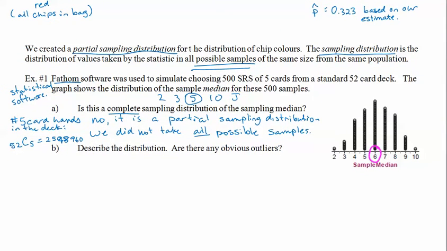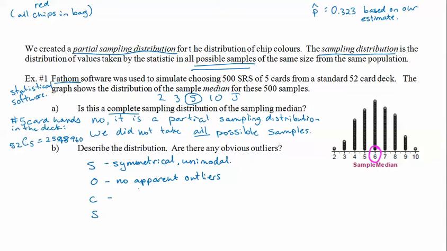So describe the distribution. Are there any obvious outliers? So we will do SOCS. S: it is symmetrical, and it is unimodal. O: there are no apparent outliers. C: where's the center?